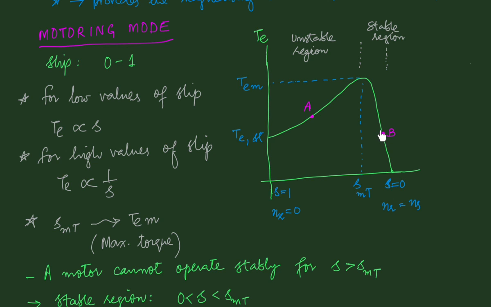Therefore, on this characteristic, the operating point will move upwards. Since the load has been increased, the operating point is also moving upwards, and the developed torque is also increasing. Therefore, as the developed torque becomes equal to the load torque, the motor will be operating stably at a point which is higher than point B.